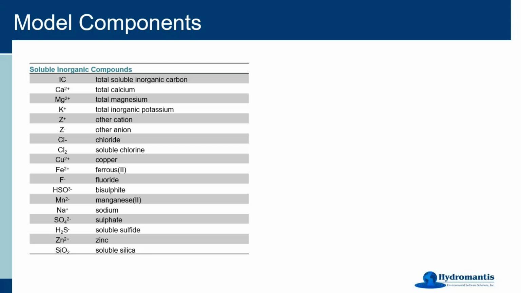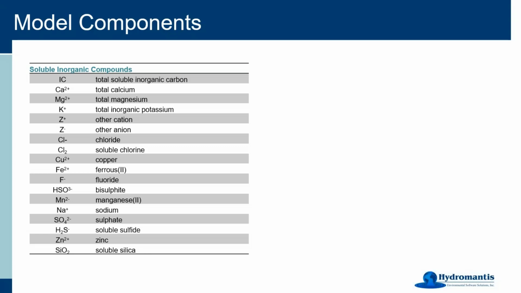There are a number of soluble inorganic components that we have, and here is a list. I won't really go through each one of them, but you will find the most common ones are there, but you will also find that there are some that are missing. For example, we get questions about arsenic and we get questions about boron. These are the two components we want to add as we go forward.